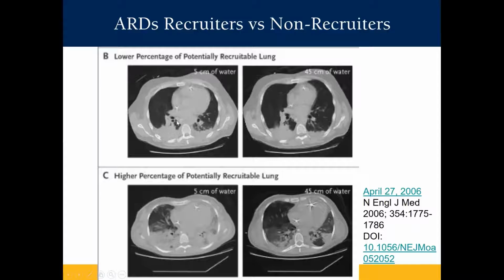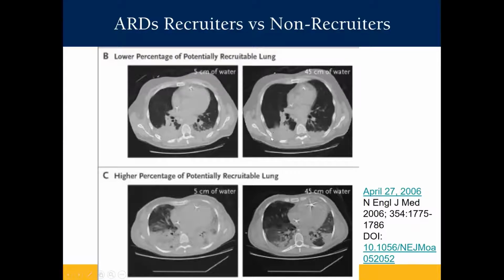On this side of the lung, we end up with this consolidated area that looks like it could be atelectasis. This was at 5 centimeters of water pressure. Then they increased to 45 centimeters of water pressure, and this area remains as an opacity.